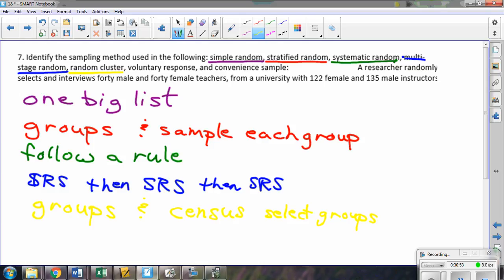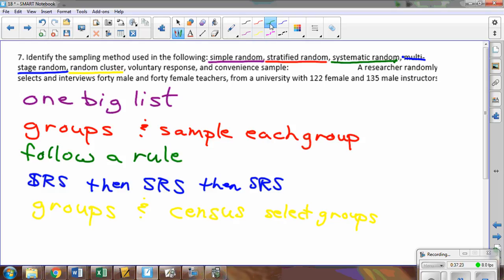Instead of taking a little bit from every single group, you'll pick one group and do everybody. Or maybe you'll pick two groups out of everybody. But if you split the whole school up into 20 groups, a stratified random, you'll take a little bit from each of the 20 groups. In a cluster, you'll pick maybe 3 groups and do everybody in each of those 3 groups.